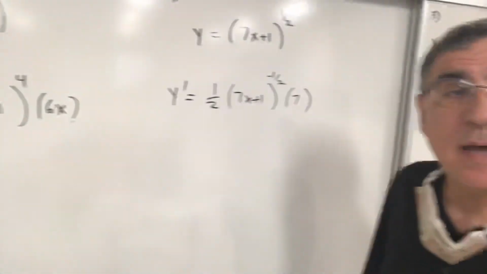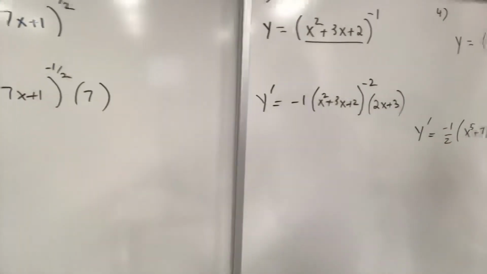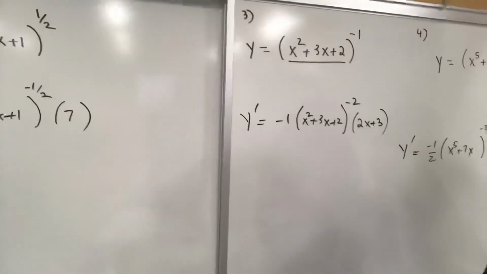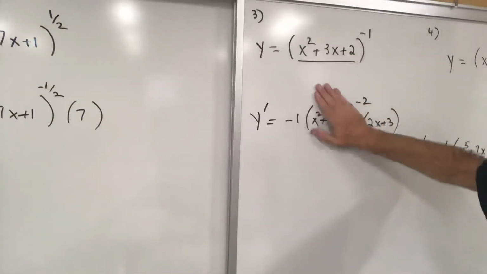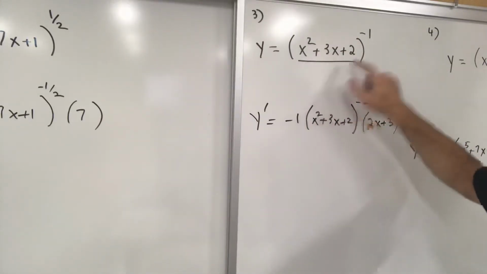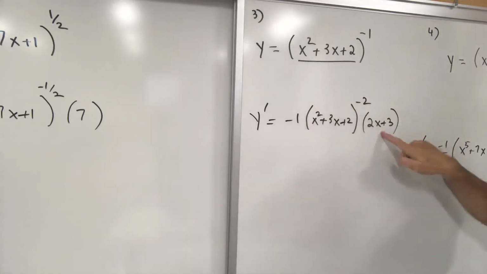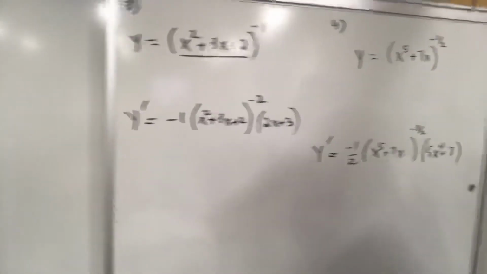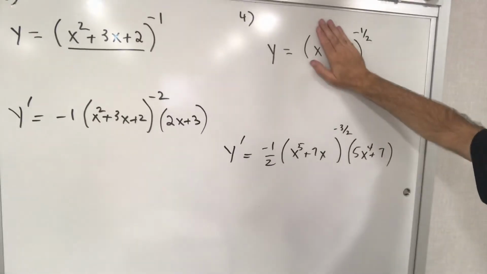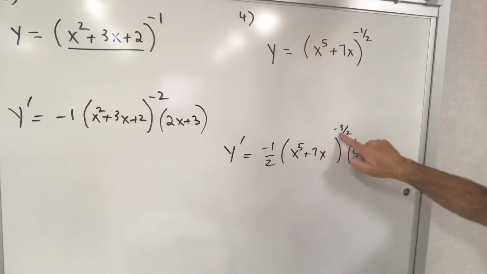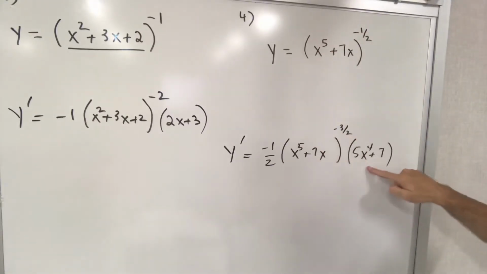And what I'll always remind you is did you do the chain rule? Because sometimes people forget to multiply by the derivative of what's inside. You cover it up, you bring the power down, subtract 1, and then take the derivative of what's inside.